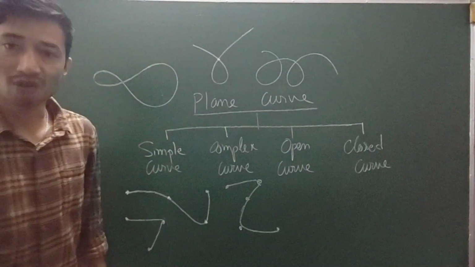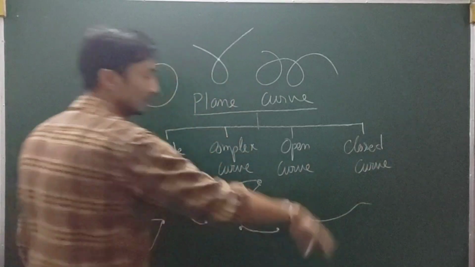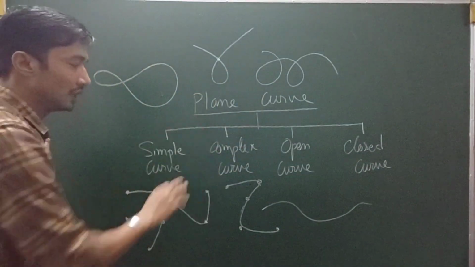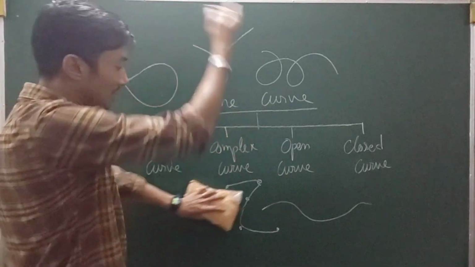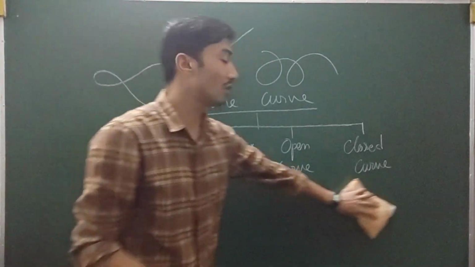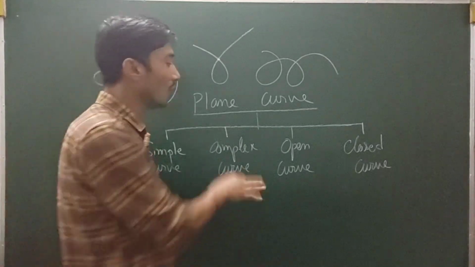Simple curves will not come back again and touch the curve. Curves where they cross each other are called complex curves.